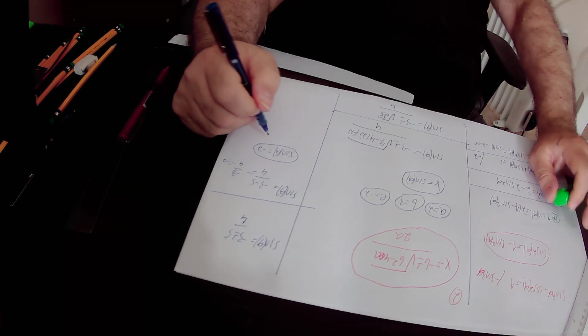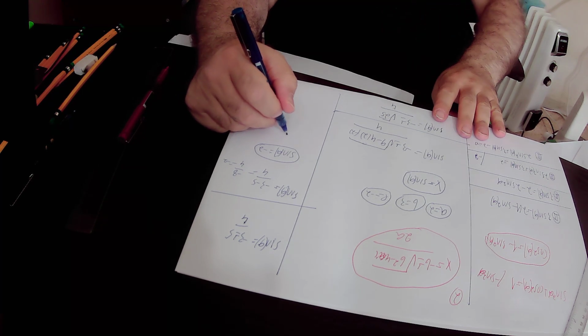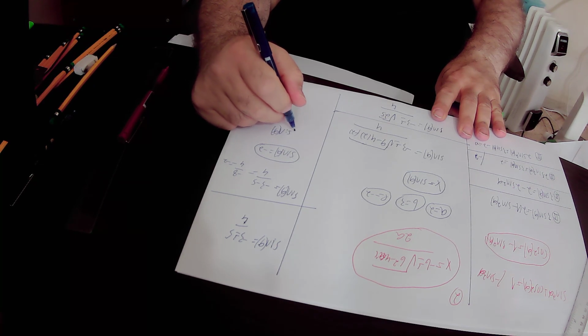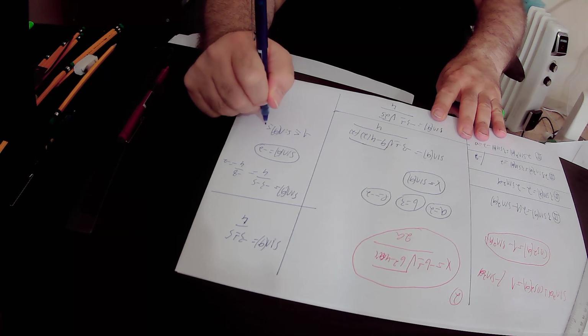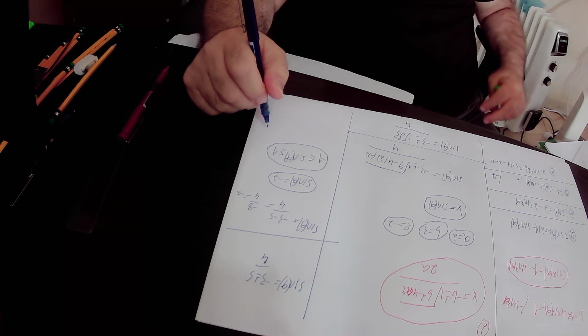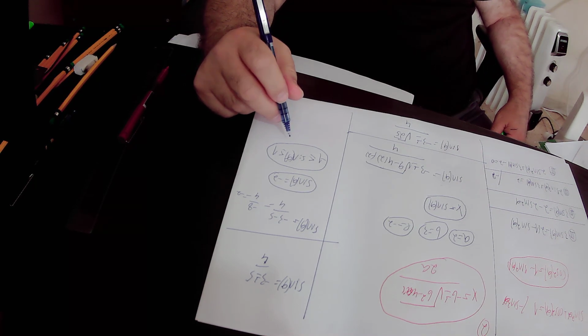But because of the fact that the function sinus alpha can receive values ranging between minus 1 and plus 1, and minus 2 exceeds this range of values that sinus alpha can receive.